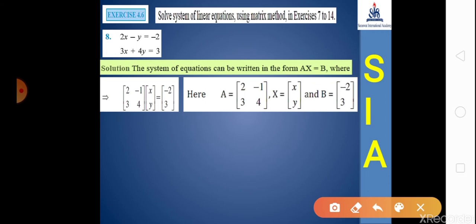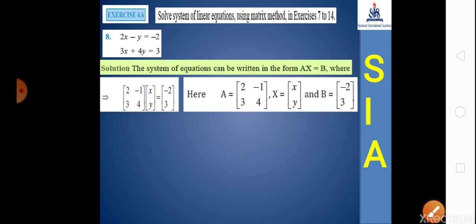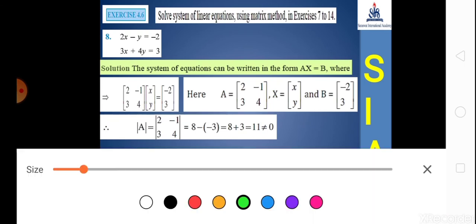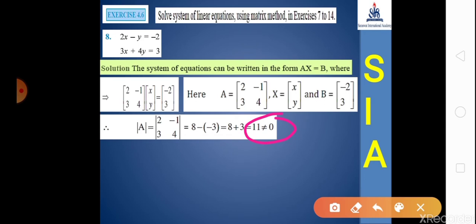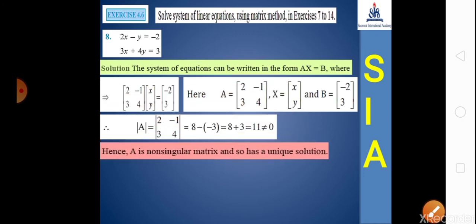Yes students, one more time I highlight: this value is A, this value is X and this value is B, and put in their values. After that, take the determinant of A and one more time check whether this answer is 0 or not. If it is 0 then the solution does not exist, students, but if it is non-zero then you can easily apply this line: A is a non-singular matrix and so has a unique solution.